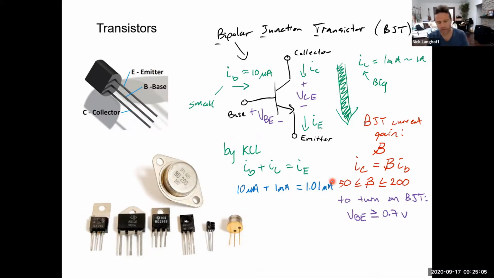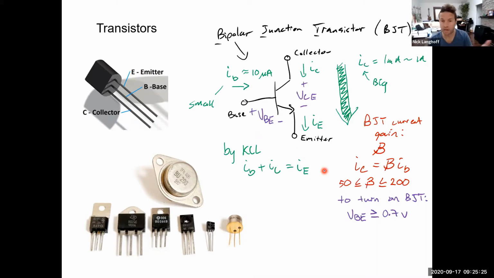You can see that the emitter current isn't very much bigger than the collector current. And a lot of times in many calculations, people will just assume that the emitter current is the same value as the collector current.